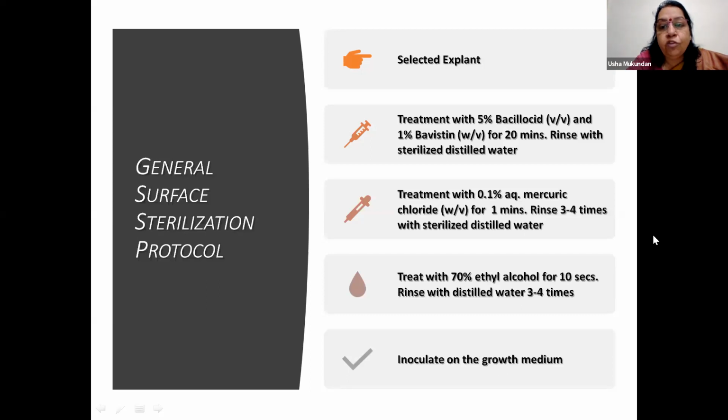So washing your hand with soap is definitely a better method of preventing infection, because whatever is present on the surface will be taken care of. So usually when you are sterilizing the explant material, you treat it initially with a bacillocide, so that the surfactants present will solubilize the membrane, so penetration of the sterilizing agent becomes better.